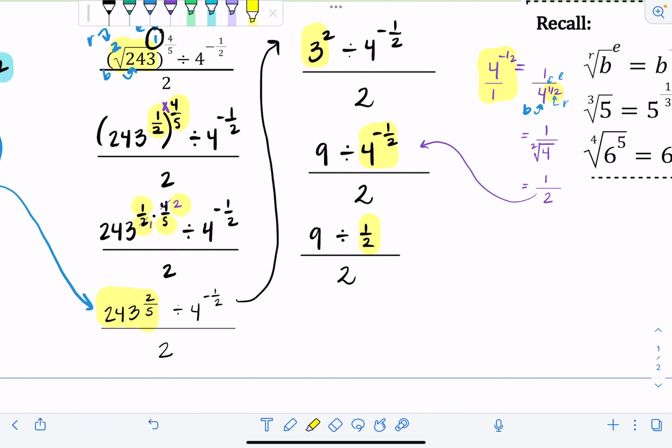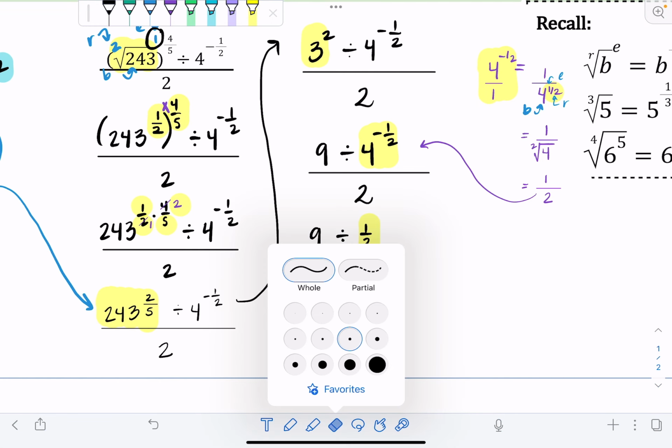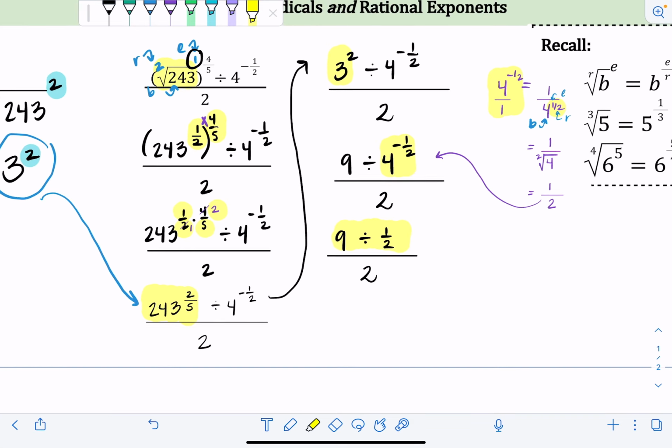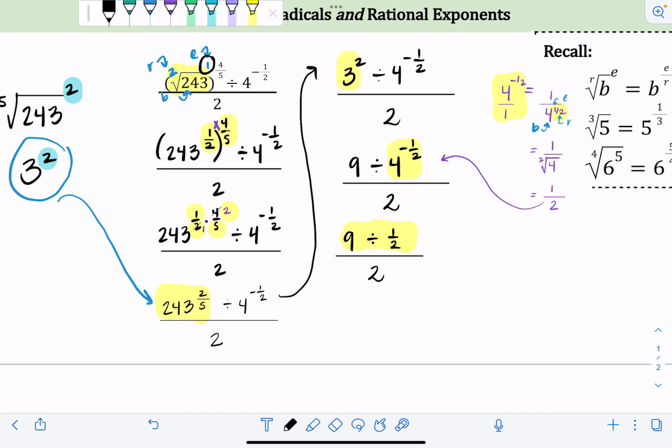Okay, and then we're getting closer. So now we're still working on simplifying just that numerator, because that's the thing about grouping symbols: this is all together on the numerator. It should be simplified first before we do anything with the denominator. Usually instead of dividing fractions like 9 divided by 1/2, we change it to multiply by the reciprocal.